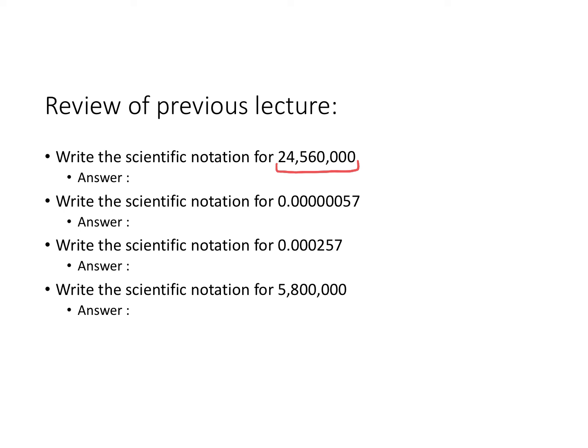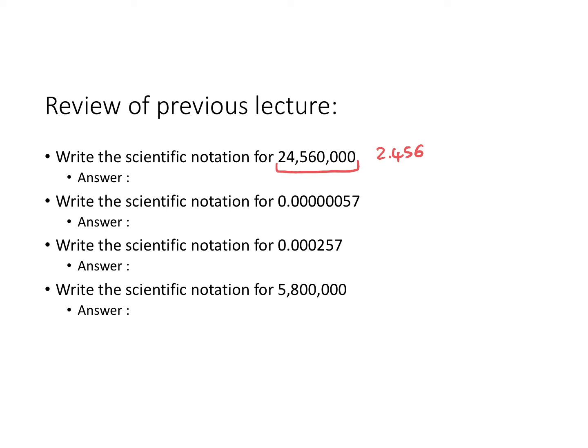To write this number as a number between 1 and 10, right? So how do I write that? 2.456. Exactly, right? And you know that zeros after the decimal point are based on the number, they're not a new number.